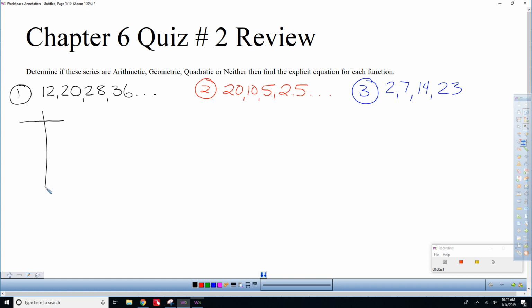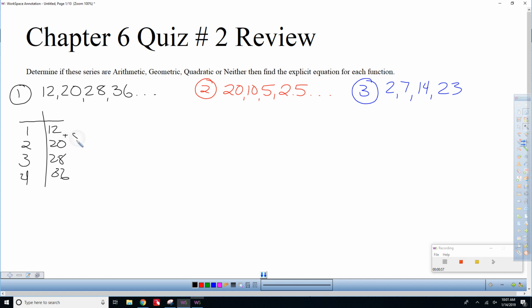I could probably do that without a table, but in order to find the explicit equation, I personally need a table. The first term is 12, the second term is 20, the third term is 28, and the fourth term is 36. It's increasing.